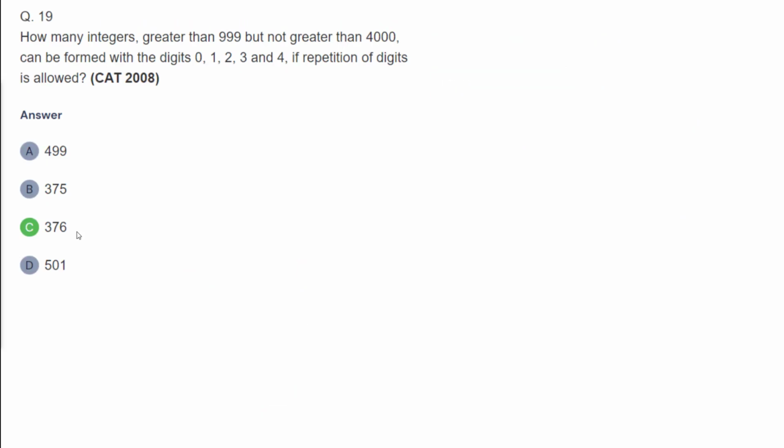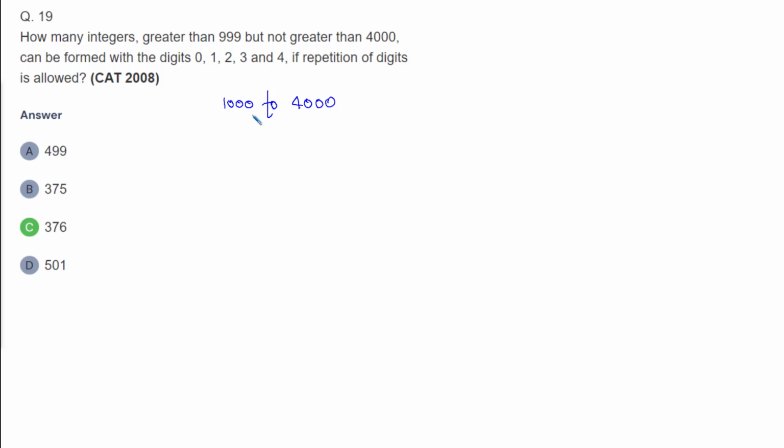Question number 19 from CAT 2008. How many integers greater than 999 but not greater than 4000 can be formed with the digits 0, 1, 2, 3, 4 if the repetition of digits is allowed? So basically we want 1000 to 4000.